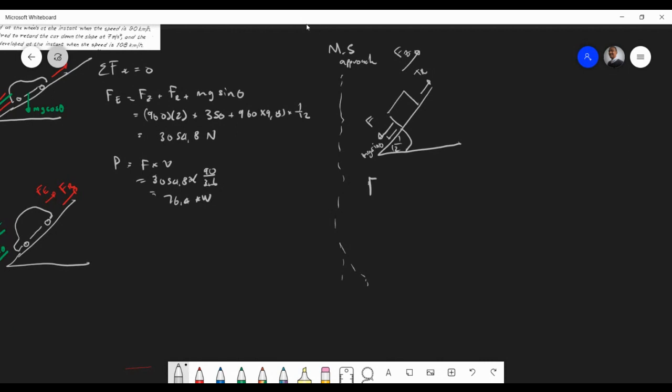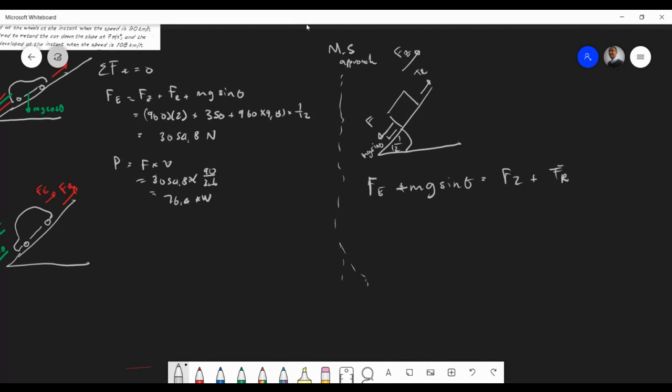So we have Fe, the tractive effort, plus mg sine, and that'll be equal to Fz plus your tractive resistance. This is what I envision the problem to look like, because it's going down. Tractive resistance has to be the other way, and of course you're still resisting the inertia, which has to go the other way.